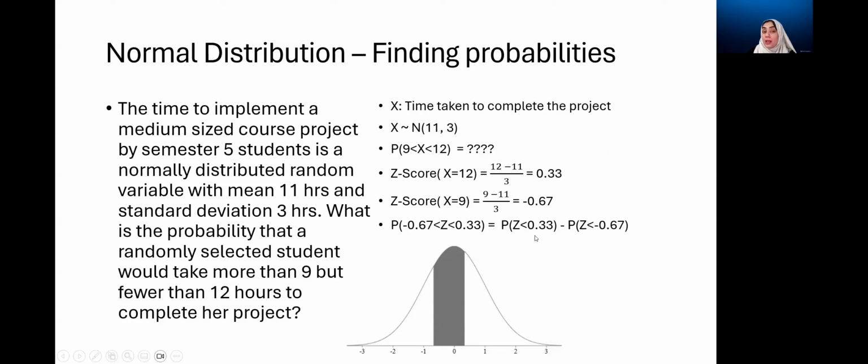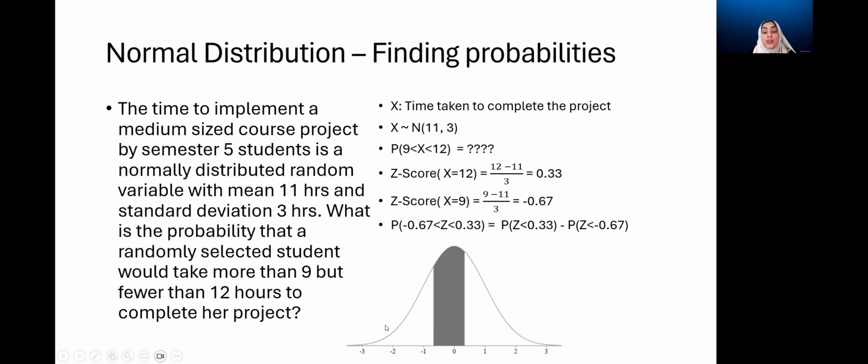Why do we have a less than here again? Because the probability table is only going to give you values for the less than intervals, not for the greater than intervals. So we find the value for the higher z-score and we find the value for the lower z-score. And we subtract the value of the lower z-score probability from that of the higher z-score probability. And then we get this shaded area.